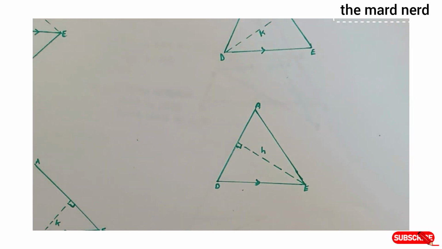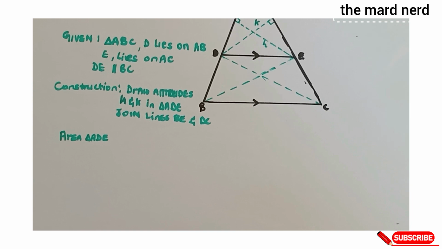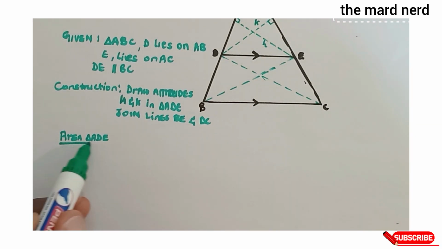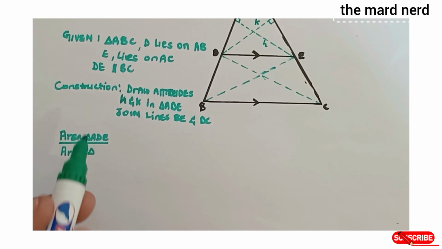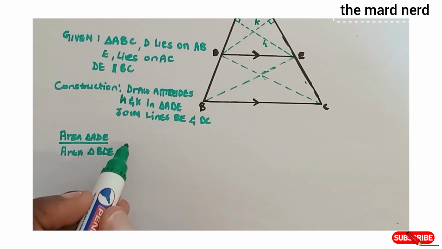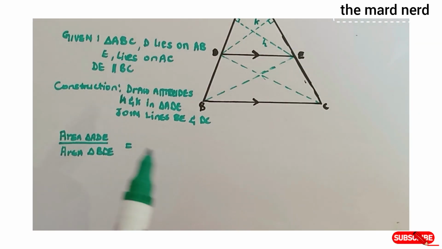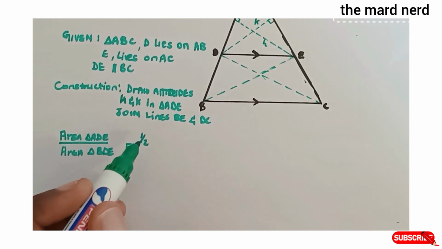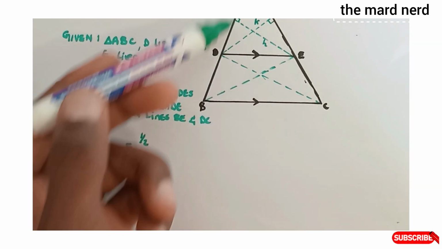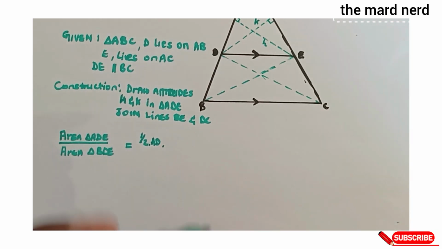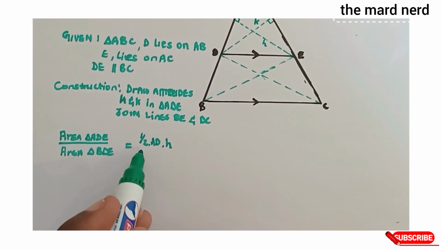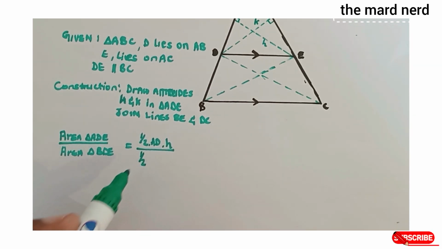So we've seen that triangle BDE and triangle ADE share the same height, that is h, and then we can take the proportion of the area of triangle ADE to the area of triangle BDE. Looking at the area of triangle ADE, we can say half the base times the height. The base of ADE here is AD, and the height is the altitude h, over half the base of BDE.